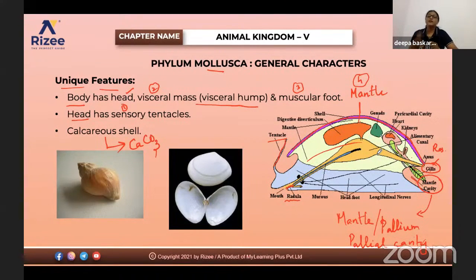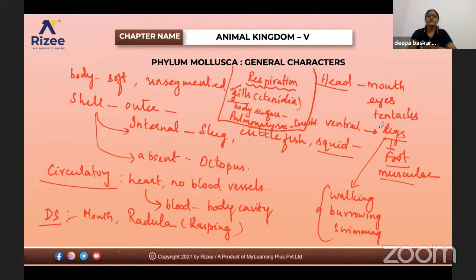And third, terrestrial mollusks have a pulmonary sac. A sac means not proper lungs, just a sac-like structure which will receive air, that is inspire and expire.